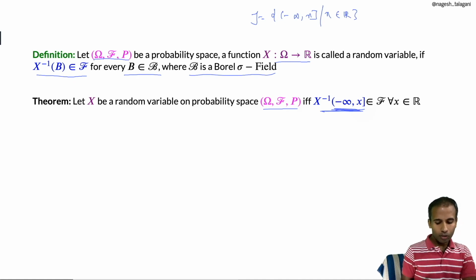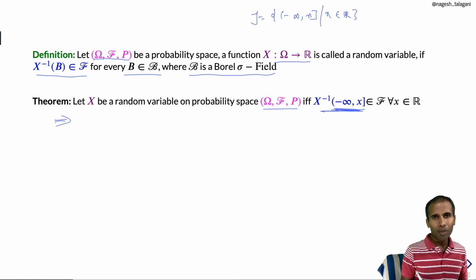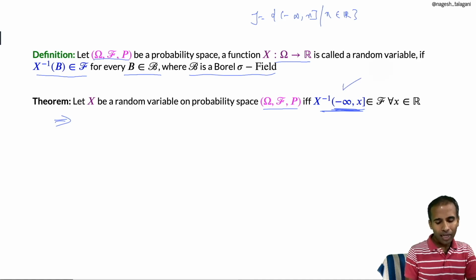I gave a detailed proof in the notes. Here I am going to give an outline. There are two directions we need to show. First, take X to be a random variable, then show that this condition must be true. When we know X is a random variable, we know that X inverse of B belongs to F for all B in script B. In particular, if I take B equal to minus infinity to x, which is also a Borel set, right?